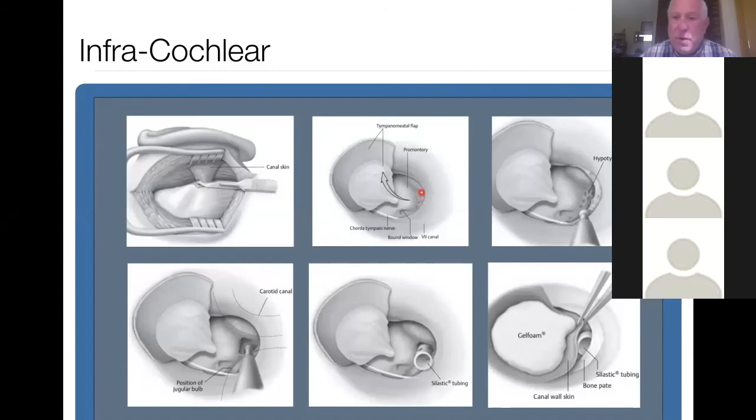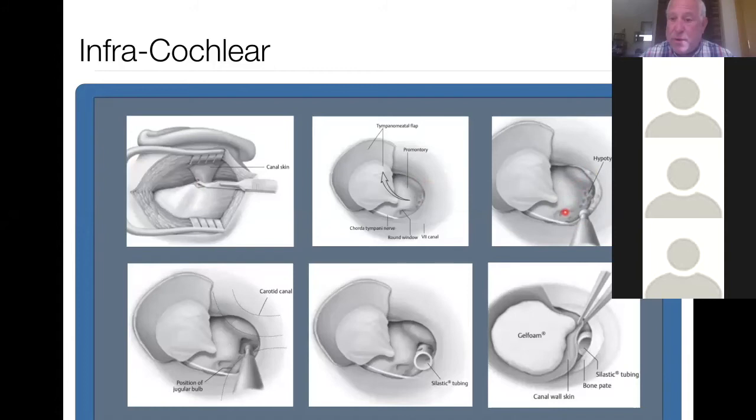So assuming we have normal anatomy, we'll drill out the hypotympanum, exposing the air cell tract that sits between the carotid artery and the jugular bulb and is just below the cochlea, which is right here, the infra-cochlear. And here's our round window.